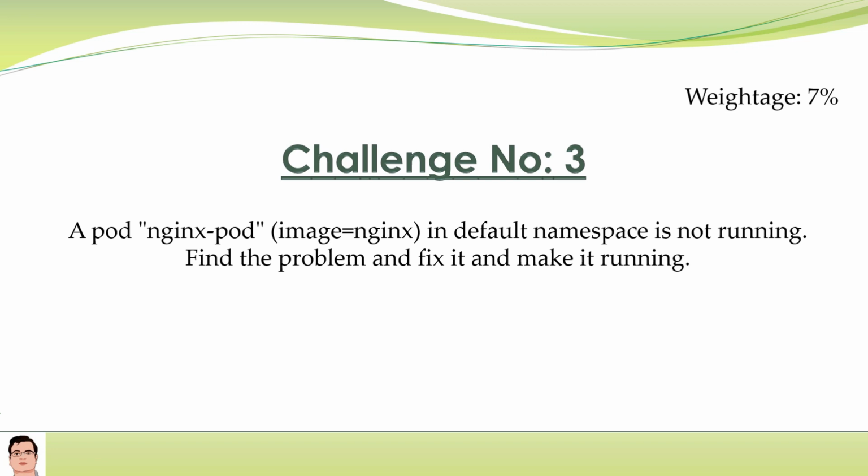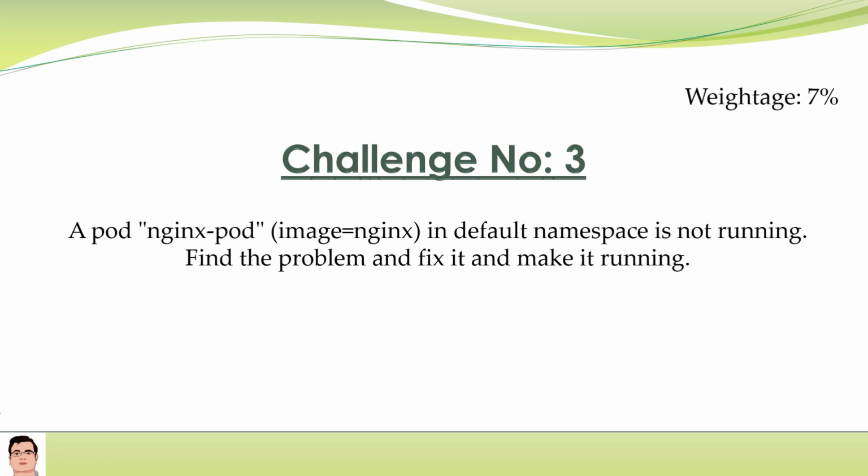So whatever we have in the environment, we have to copy that YAML file using our command, and we will try to figure out why this particular pod is not running, what is the problem, because the kube-scheduler is responsible for running any pod. So we have to look into that aspect also.